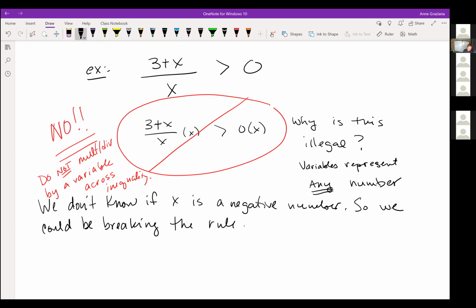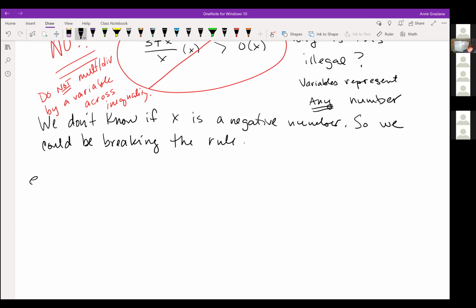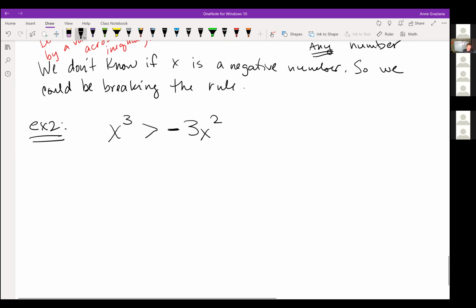All right, let's try this one. Example 2. Let's do one like this. x cubed is greater than negative 3x squared. Now, what do we want to do first? Get everything on one side, so you add the 3x squared to the other side.